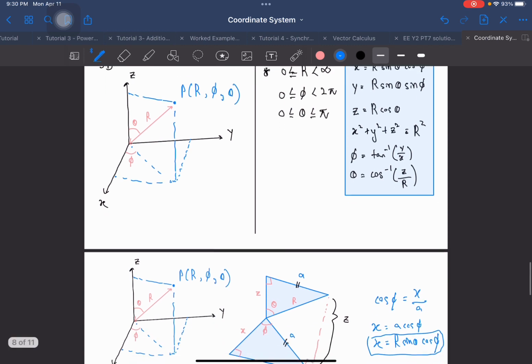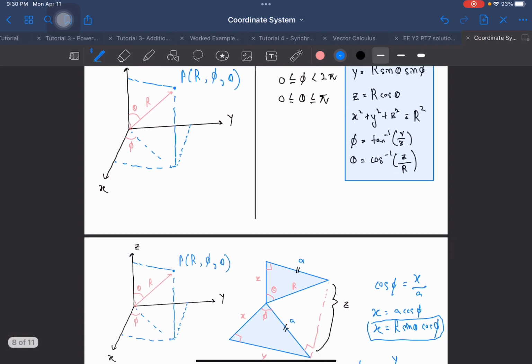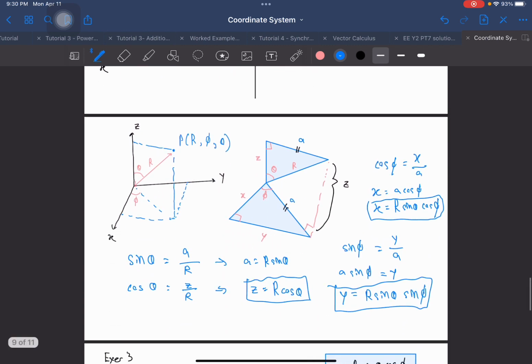Next, how are we going to get this? Similarly, we use the Pythagoras theorem, but note that the Pythagoras theorem we use here, the first one is this one. So x squared plus y squared equals a squared. If you apply Pythagoras theorem here, you've got a squared plus z squared equals r squared.